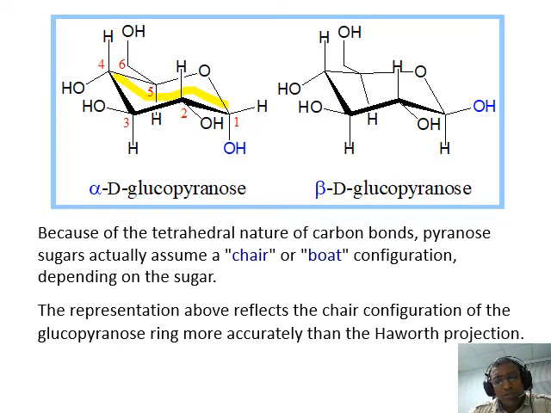So the glucose will take this chair configuration much better than the Haworth projection because this one has the least amount of strain, energy strain, on its interactions. That's why this is much more preferred than the Haworth projection. Just to highlight further, these wedges here are actually coming towards you compared to these straight lines which are going further away from you.